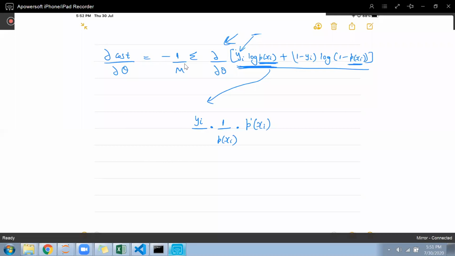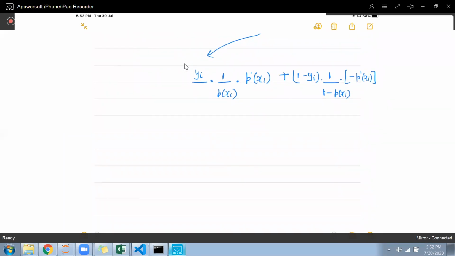And I'll find the differentiation of the other part also. So this will be 1 upon 1 minus p of xi, multiplied by what will come? What will be the differentiation of the inside part? Negative p dash of xi. All right.